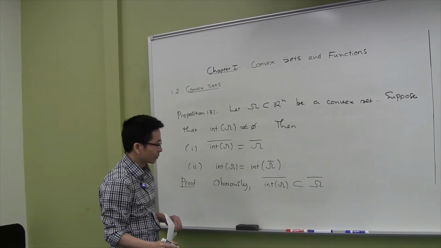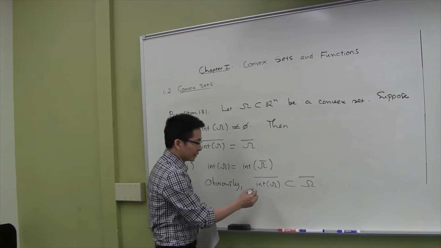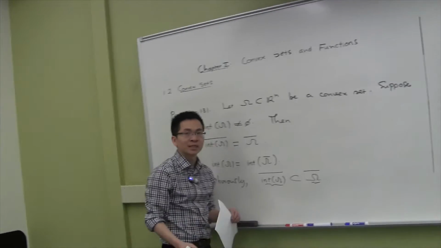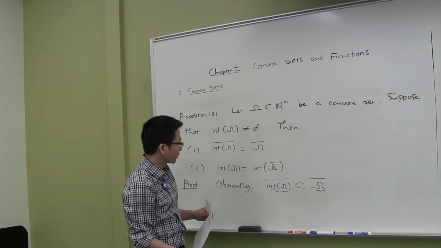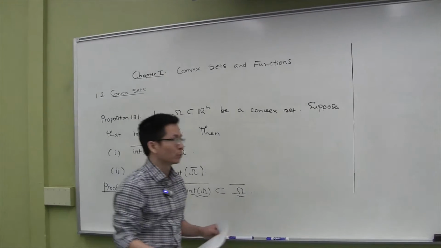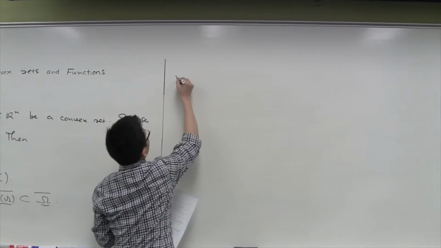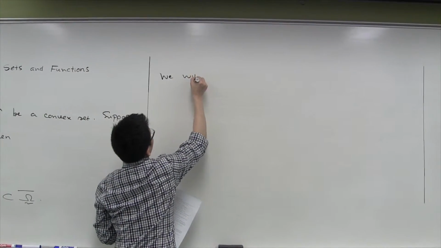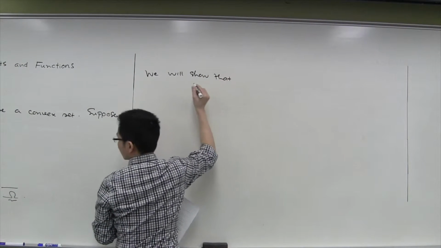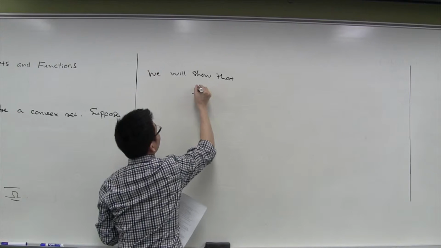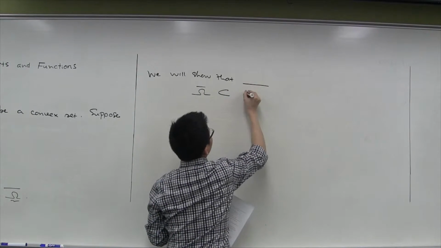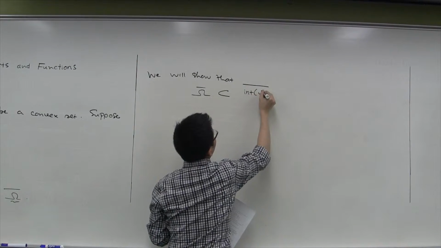This follows from the fact that the interior of omega is always a subset of omega. Now we're gonna prove the opposite inclusion. So we will show that the closure of omega is a subset of the closure of the interior of omega.